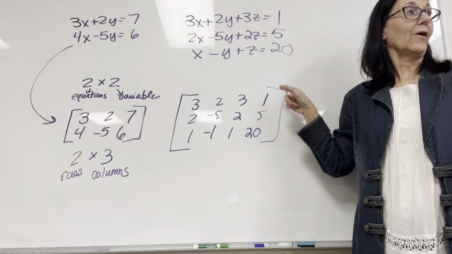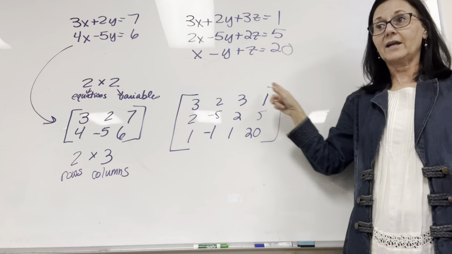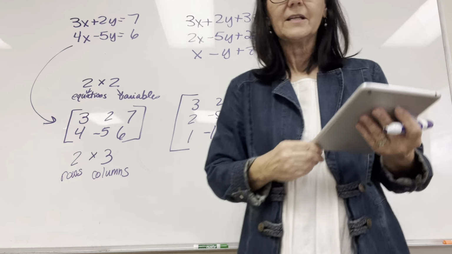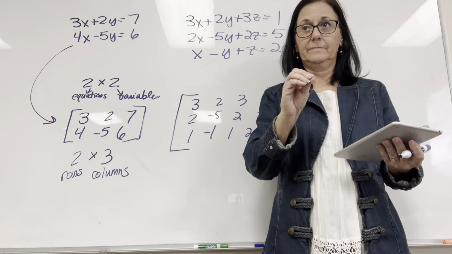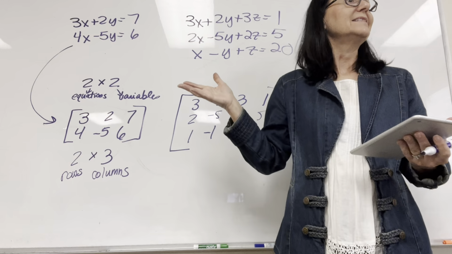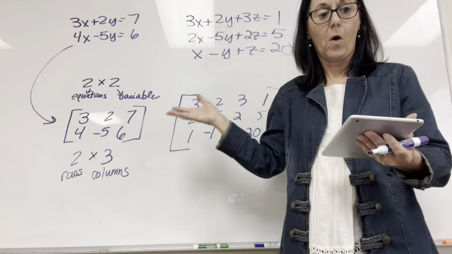A 3 by 4. Rows by columns. In this first lesson, it's 100% review. We're going to use algebra, substitution and elimination, to solve for x, y, or x, y, and z.